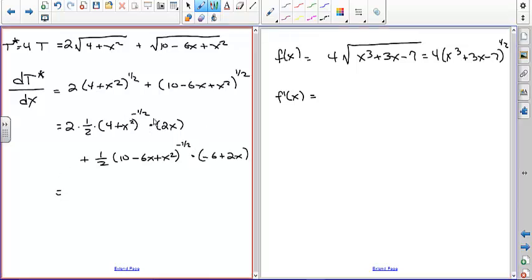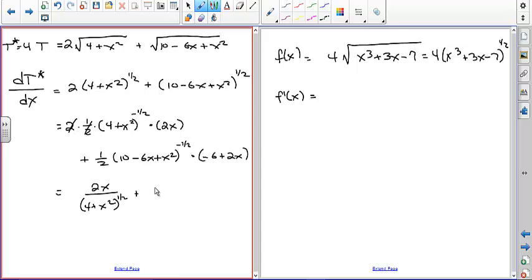Now ultimately, what I'll do here is these cancel out. This goes to the denominator. So I get 2x divided by 4 plus x squared to the 1/2 power, positive 1/2 power, because I've moved it to the denominator.